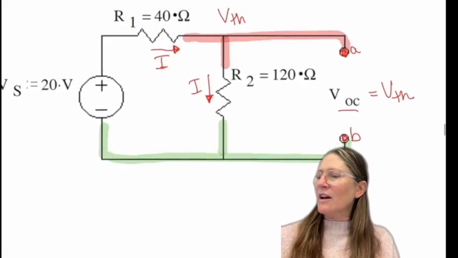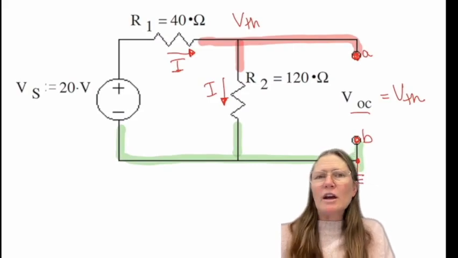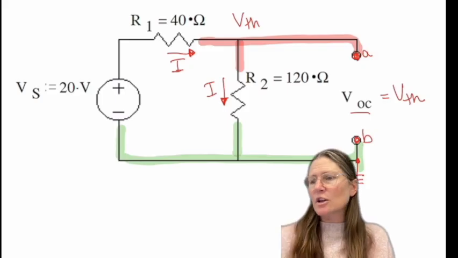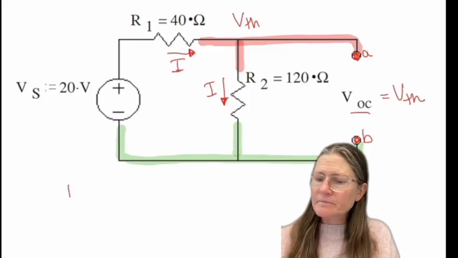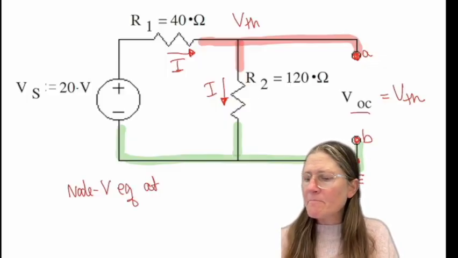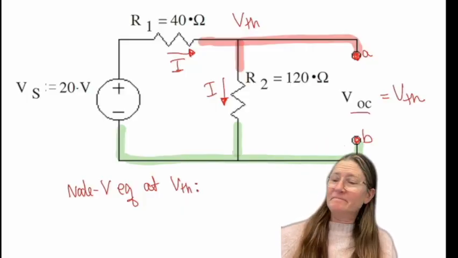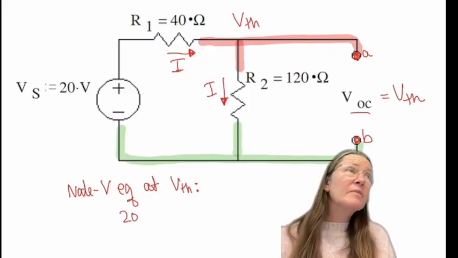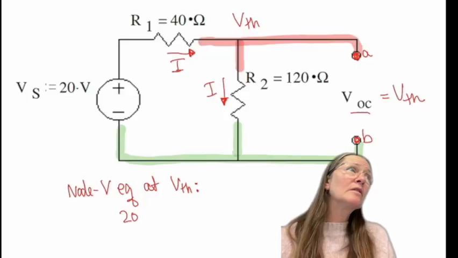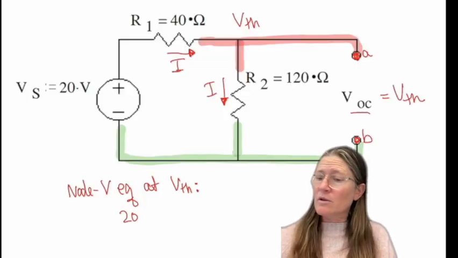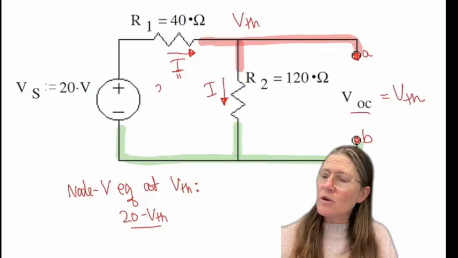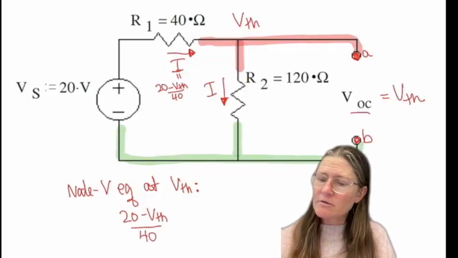So if I was to write the node voltage equation for that VTH node, what is that? $20. So that current would be 20 minus VTH over 40, correct?